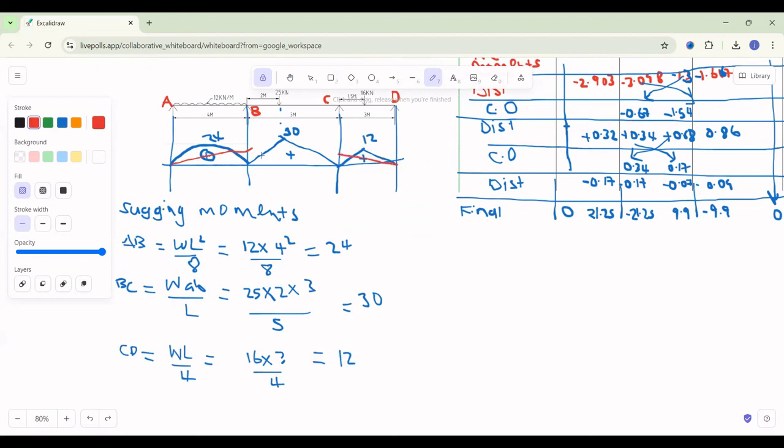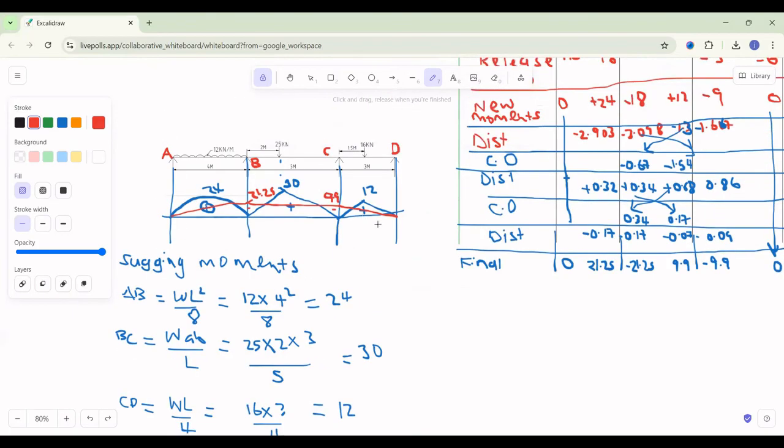It will be something like that. So this one is negative, so this is 21.25, and this is 9.9. So basically, that's how you do that question.